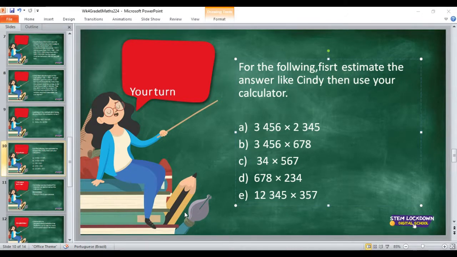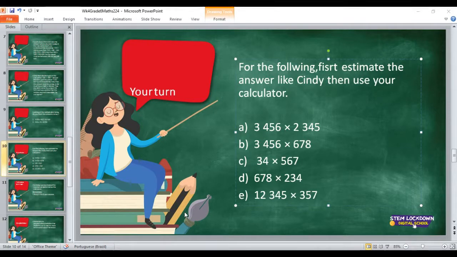We have run out of time, but I would like to check. Yes. Okay, JD says between 400 million and 500 million. Let's check if the estimation is just about right. Now we have 12,345 multiplied by 357.